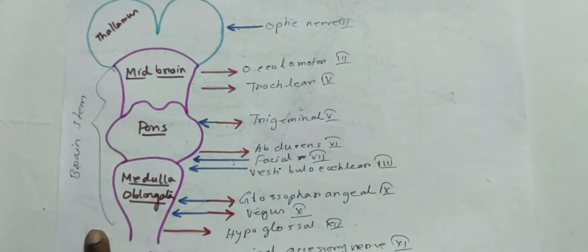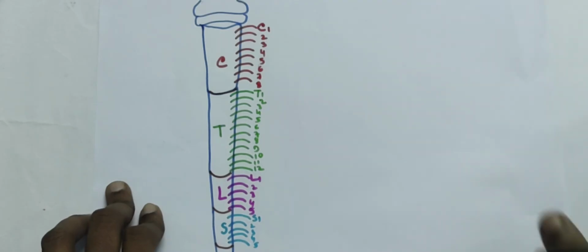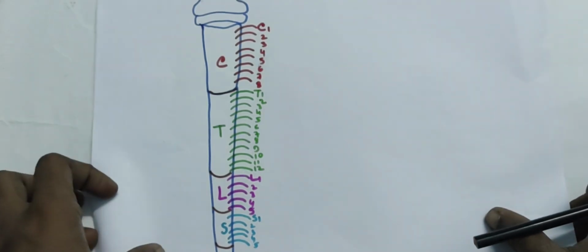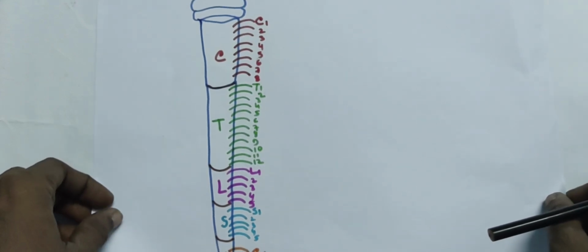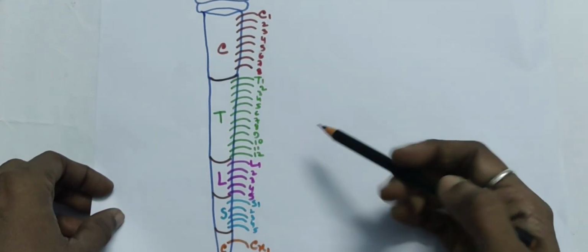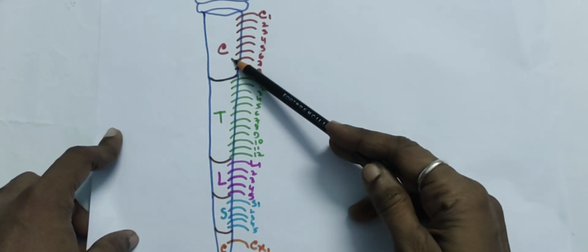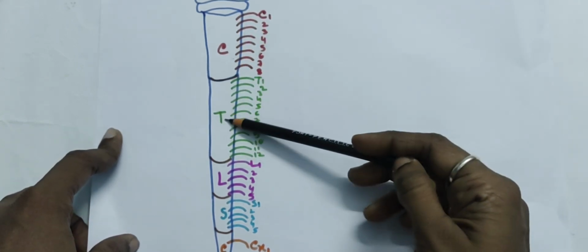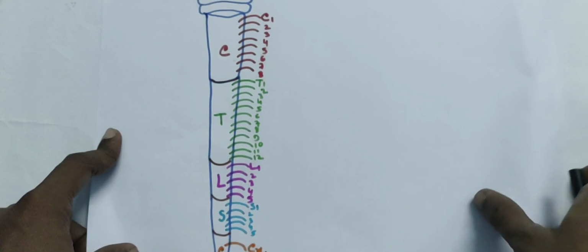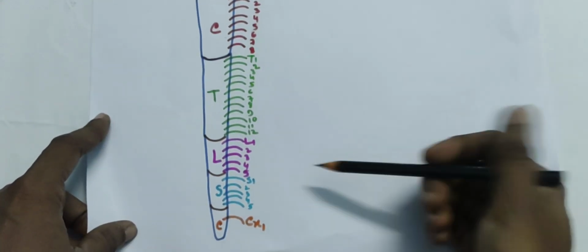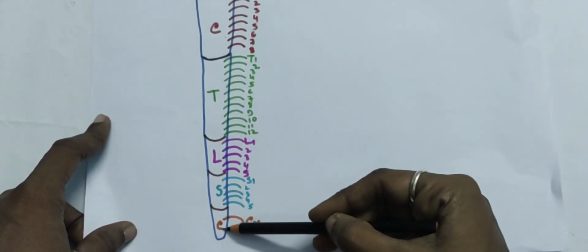Now come to the spinal cord, spinal nerves. This is our spinal cord, and it is divided into the cervical, thoracic, lumbar region, then sacral and coccygeal.